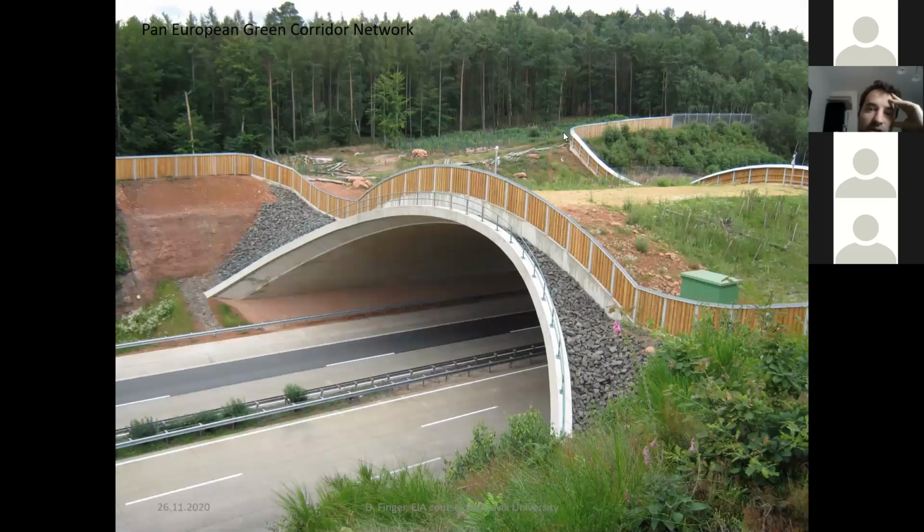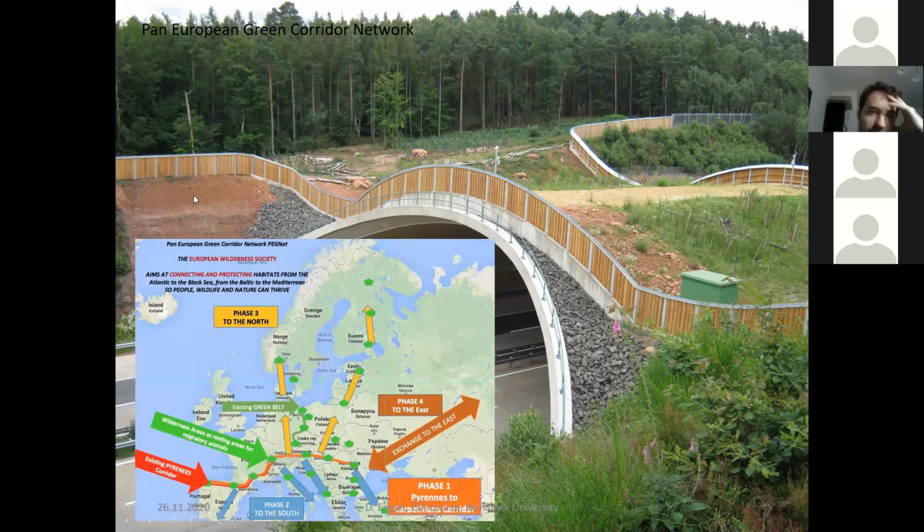And actually this is being done across whole Europe. Every time a highway is being built, within the European directive, you try to connect wilderness areas. So this is a huge pan-European green corridor network, where you try to connect the wilderness areas in Europe by creating wilderness bridges over highways, so that wildlife can migrate over the highway, by simply putting highways underneath tunnels.